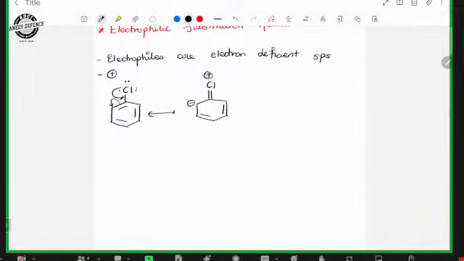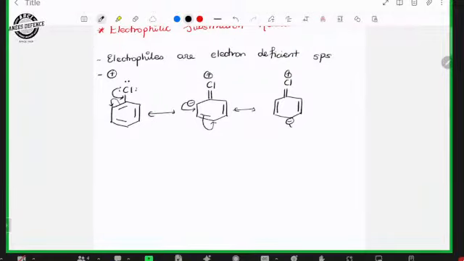Okay, so this negative part will come at this position and this bond will break and it will come at the para position. So we are getting a pi bond over here, negative charge at the para position, and pi bond over here.